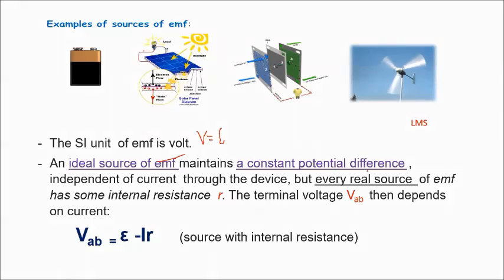But in a real source, which contains an internal resistance R, our terminal voltage is equal to EMF minus the potential drop I times R. This is due to internal resistance R. So this is the formula on how to solve for the terminal voltage having an internal resistance.